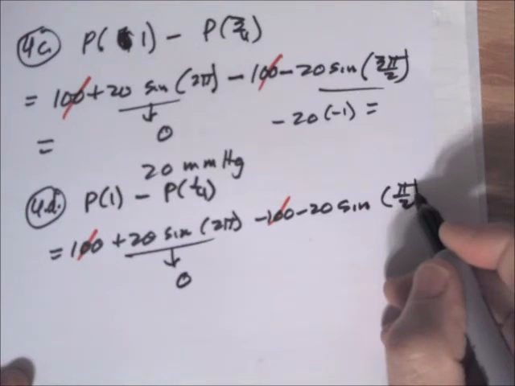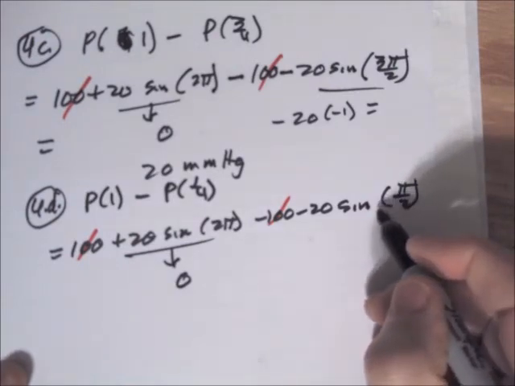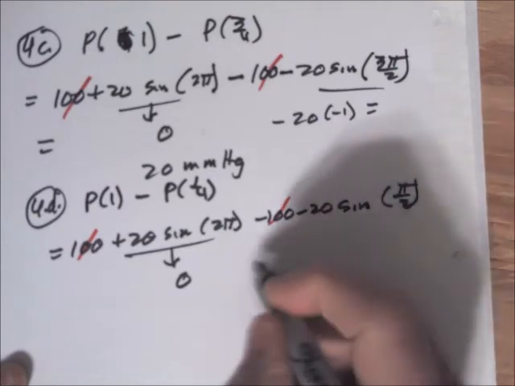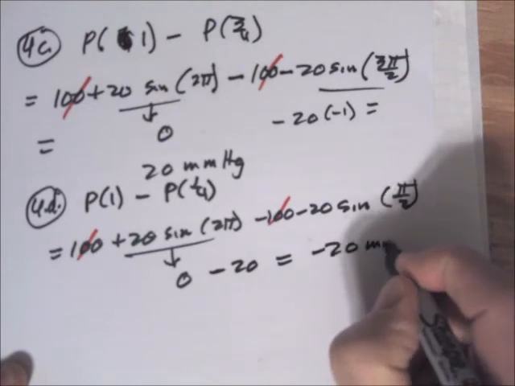Sine of pi over 2 is 1, so this would be minus 20 mmHg.